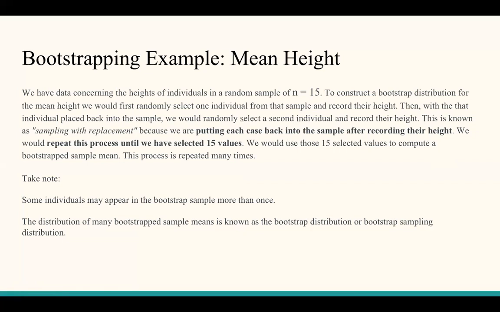We can repeat this process as many times as we want, but each bootstrap sample must be equal to the original sample size. Some individuals may appear in the bootstrap sample more than once, and that's okay. That's most likely what is going to happen. And the distribution of many bootstrap sample means is known as the bootstrap distribution or the bootstrap sampling distribution.